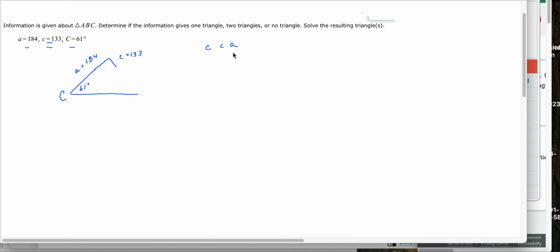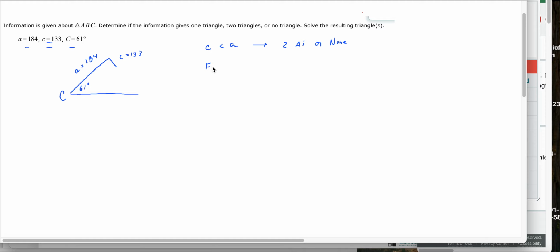Whenever this side is smaller, that's when I have the ambiguous case, and I will either have two triangles or no triangle. If this side happened to be bigger, then I would only have one possibility, and I would just use the regular law of sines. I would have enough information. But since this side is smaller, I have to do a little bit more work.